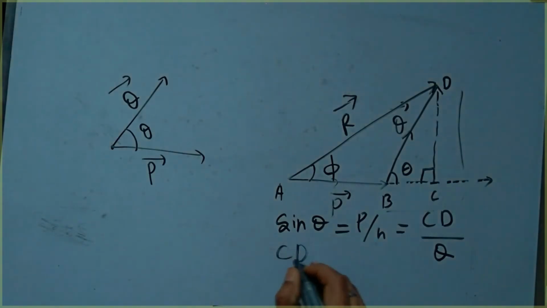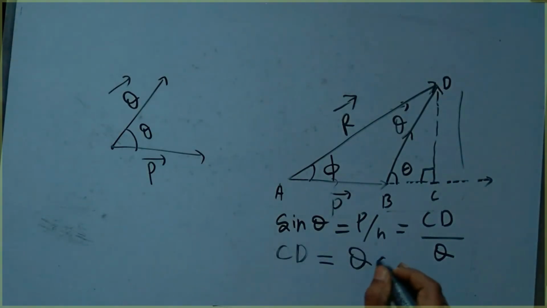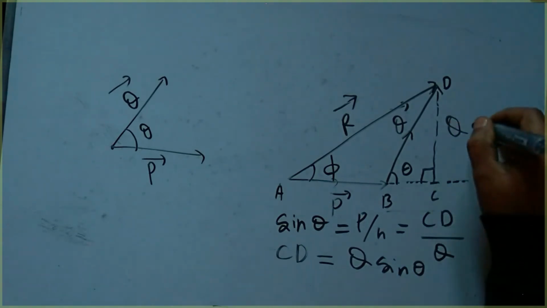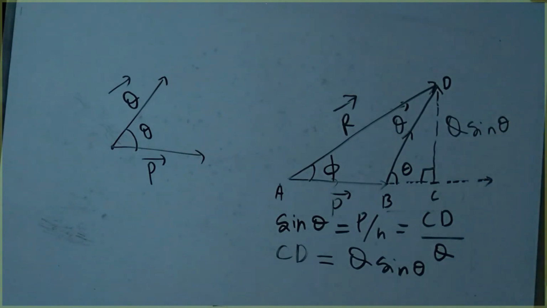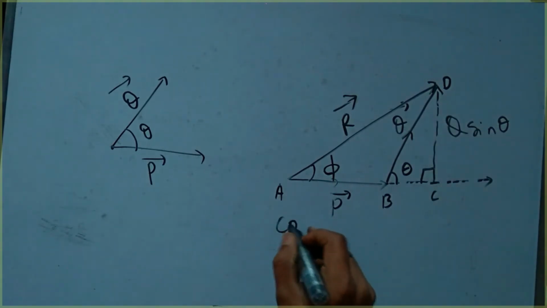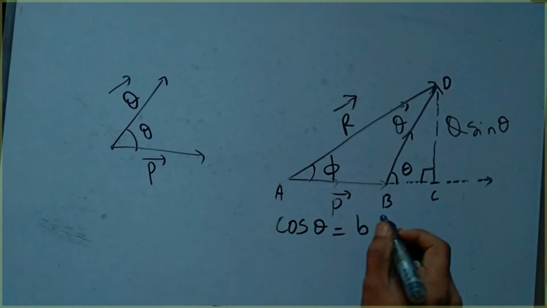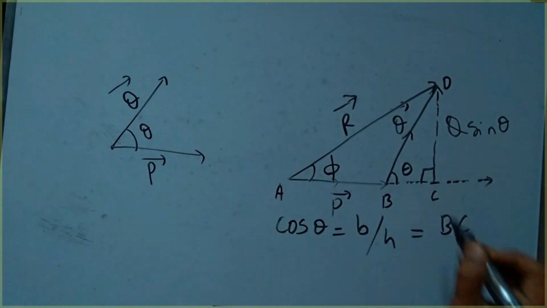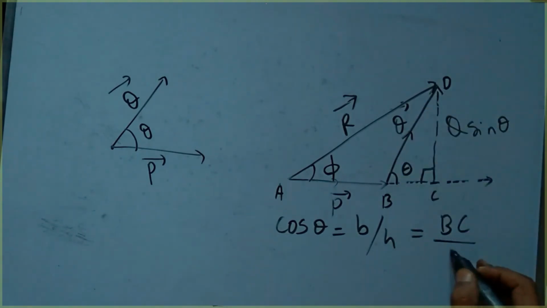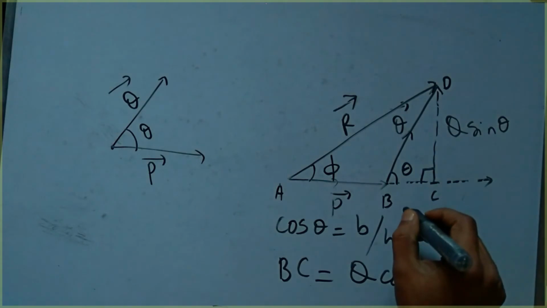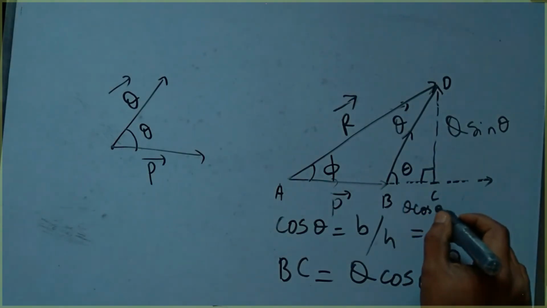So CD is equal to Q sine theta. Again, if we take the same triangle BCD, this time we take cos theta, which is always base by hypotenuse, BC being the base and the hypotenuse being Q itself, BC is equal to Q cos theta.